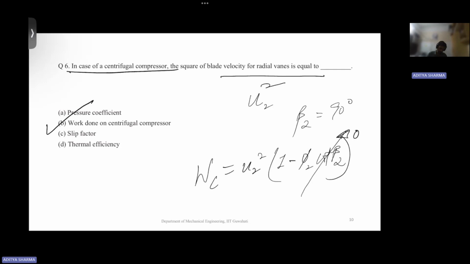Okay, so B is the correct option in that case. This was question number 6.